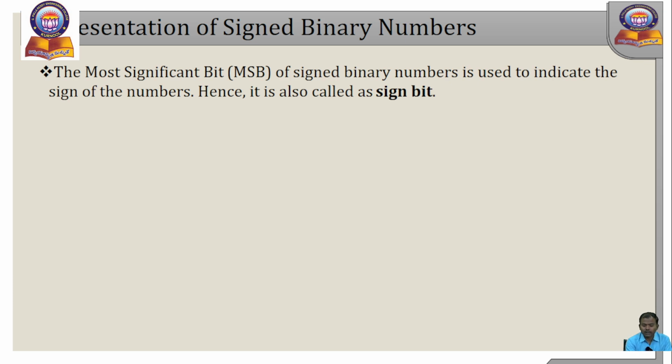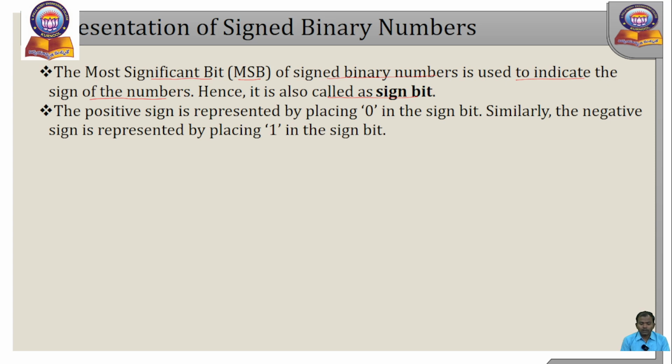This is the basic procedure to be followed. The most significant bit, simply called the MSB, of the signed binary number is used to indicate the sign of the number. Hence, it is also called the sign bit. The MSB, the leftmost bit of that binary number, always indicates the sign of that number.